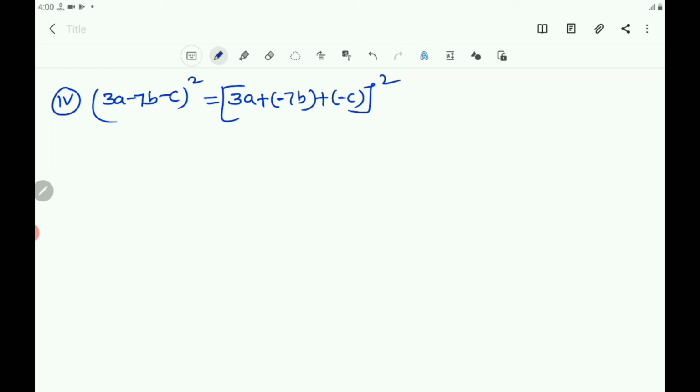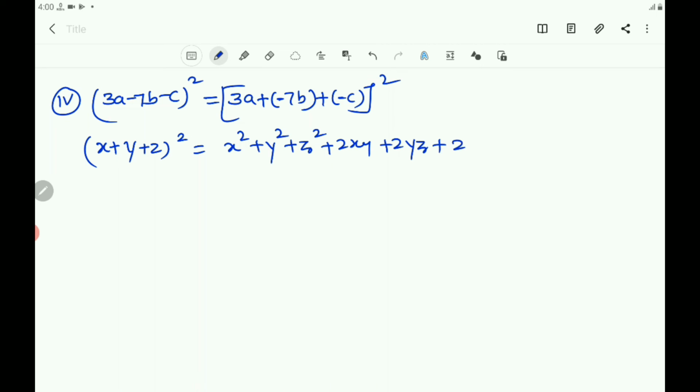Then write the expansion of (x + y + z) whole square equals x square + y square + z square + 2xy + 2yz + 2zx.